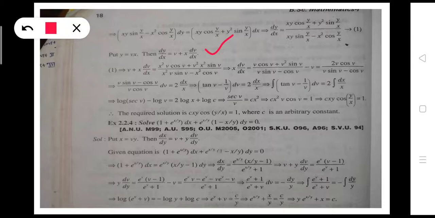So both sides remove the logarithm, and we get sec v / v = c x². This implies c x² v cos v = 1. This implies c x y cos(y/x) = 1. Therefore the required solution is c x y cos(y/x) = 1, where c is an arbitrary constant.